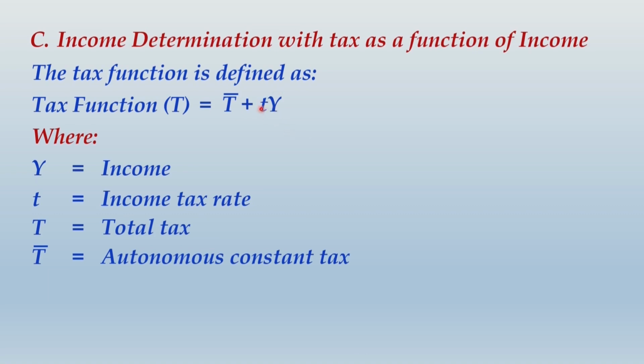So tax rate multiplied by the income will give you the variable portion of the tax. T bar over here indicates the autonomous constant tax or the fixed amount of tax, and the capital T over here will be the total amount of tax.